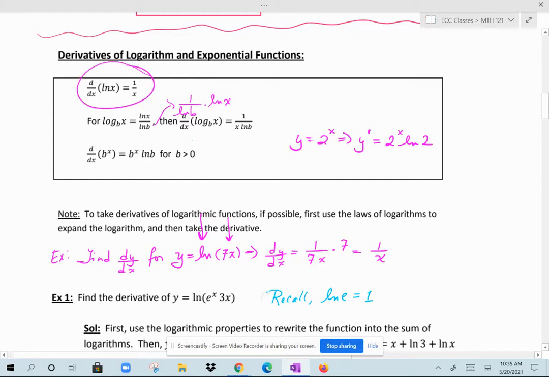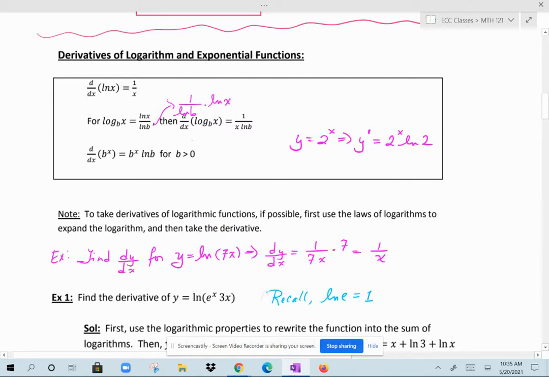It'll be 1 over 7x times the derivative of the inside, which is 7, but the 7s cancel, and so you're left with a derivative of 1 over x, which looks exactly like what it was when it was just ln of x. So whenever you have a coefficient in front of the x and you're taking the natural log, you're really going to get the same result. You're just going to get 1 over x.